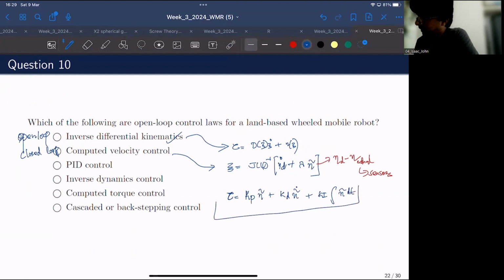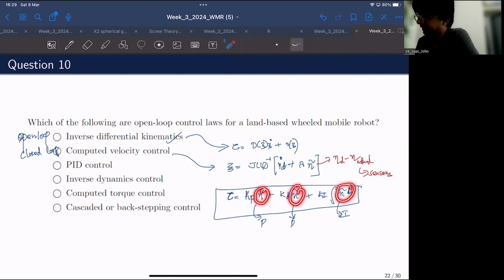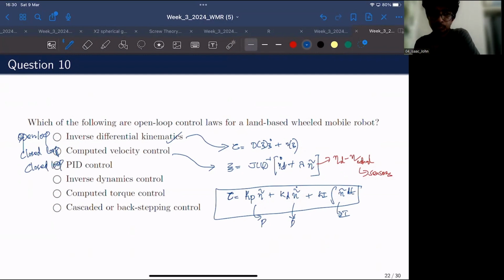You can define this to be the PID controller, where this is the P term, this is the D term, and this is the I term. And if you take a look at this, each of these terms has this eta tilde, that is nothing but eta desired minus eta actual, and eta actual is from the sensors. So again, that makes the PID control law a closed loop, but model-free control law.